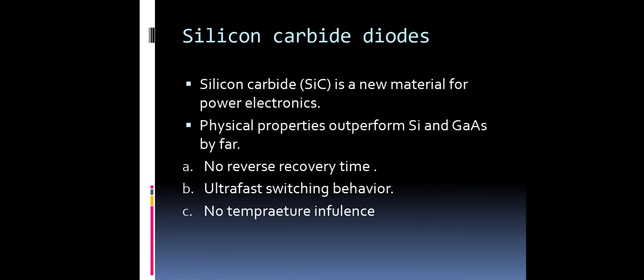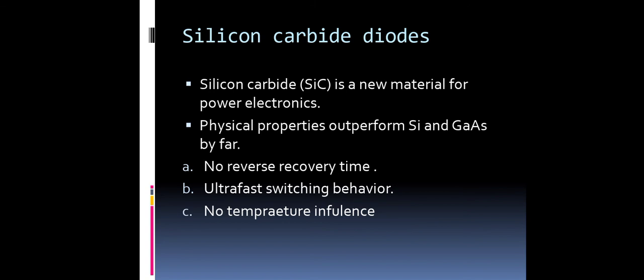Now, the next is the silicon carbide diode, in short SiC. Silicon carbide is a new material for power electronics. Among the physical properties of silicon, it is used along with silicon and gallium arsenide, for example in silicon carbide diodes.